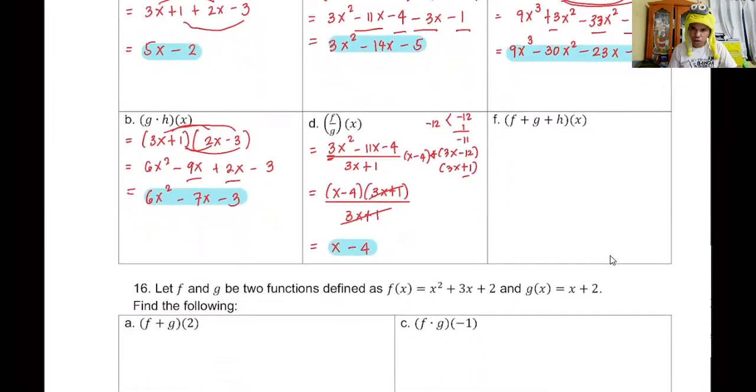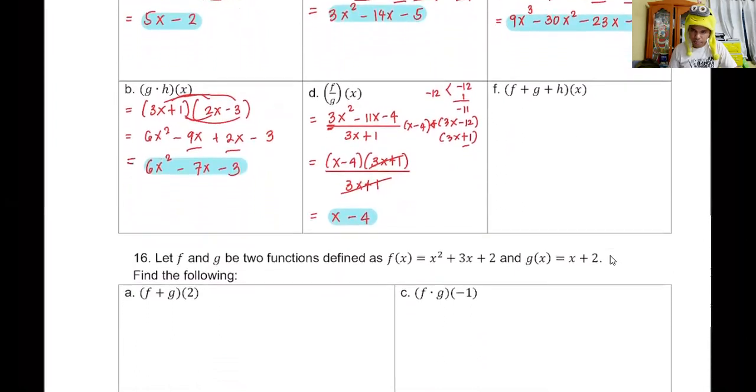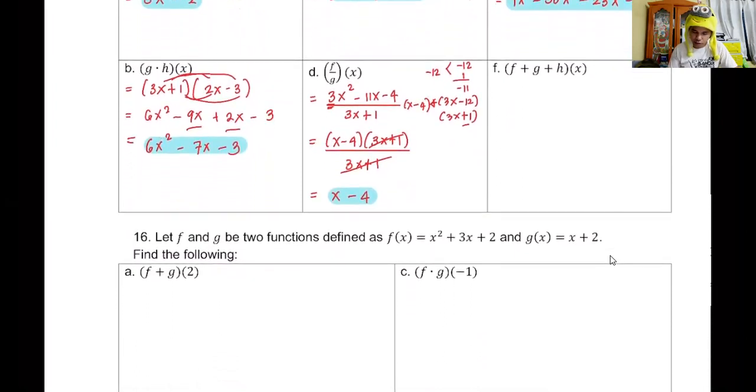Now, let's go to letter F. This letter F looks difficult, but actually it is easy, because they are just placed side by side. So what you're going to do is write 3x squared minus 11x minus 4 plus 3x plus 1 plus 2x minus 3. So they are placed side by side. Okay, we can safely remove the grouping symbol because there is no minus outside.